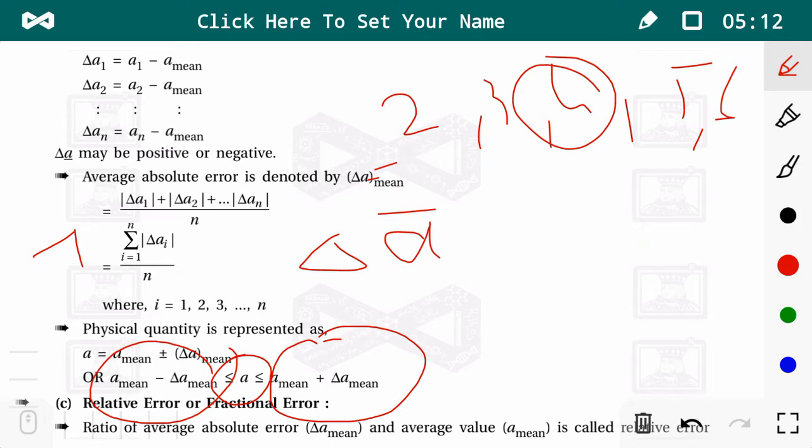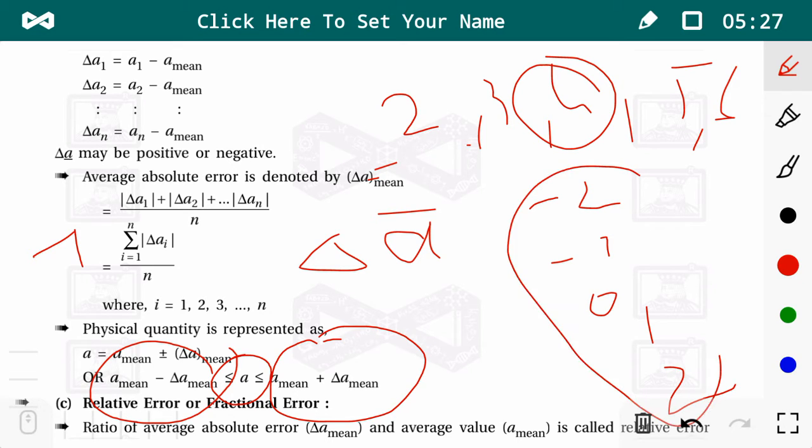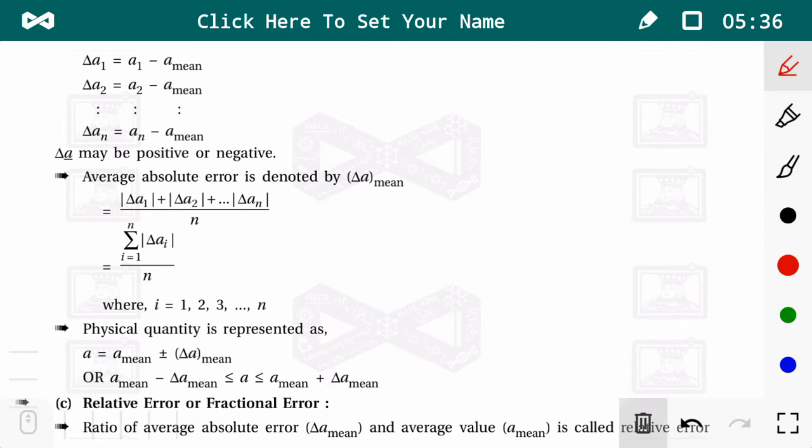Getting the values 2 minus 4, 3 minus 4, 4 minus 4, 5 minus 4, 6 minus 4, you get minus 2, minus 1, 0, 1, 2. Adding all these and dividing by 5, you get 0. So A lies between 4 minus 0 and 4 plus 0.